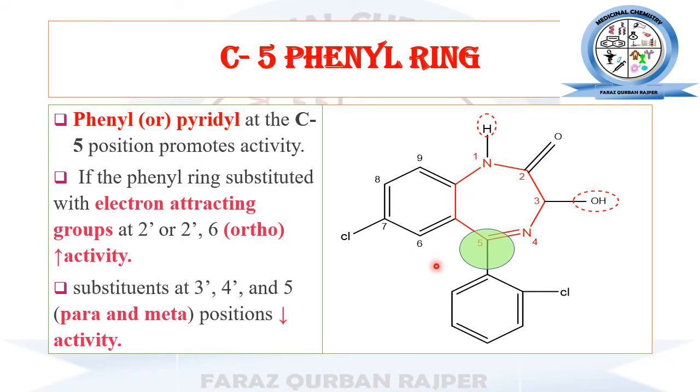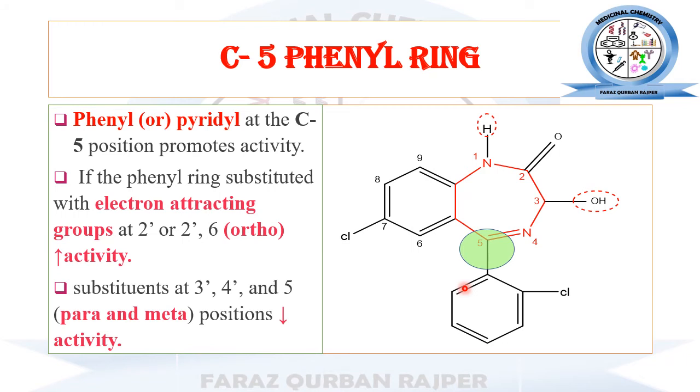Further, we can also substitute this phenyl ring with certain other functional groups, like electron attracting groups, which are electronegative groups, by substituting at the ortho position, like with chlorine. A halogen atom group can be substituted at the ortho position. This will further increase the potency and activity of benzodiazepine.